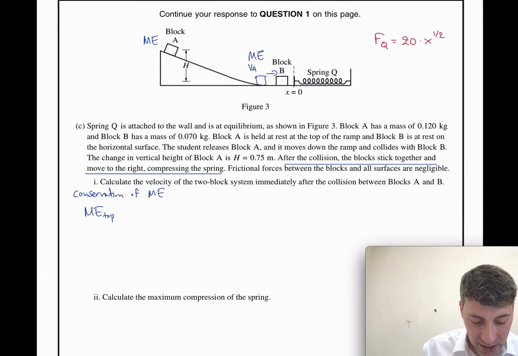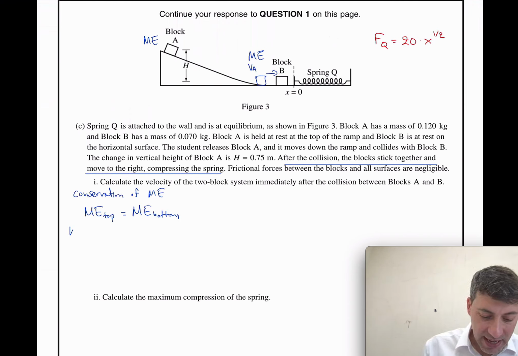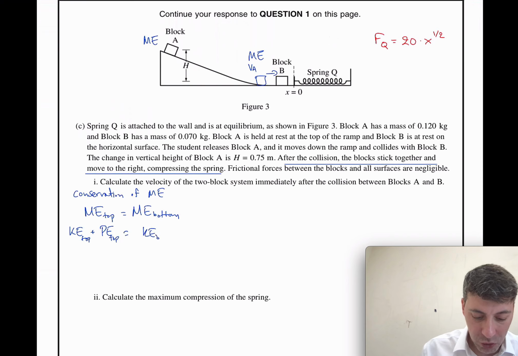This is not the only tool that we can use. We can use, for example, the work energy theorem. The mechanical energy at the top is kinetic energy plus potential energy at the top, and the same thing, kinetic energy at the bottom plus potential energy at the bottom.